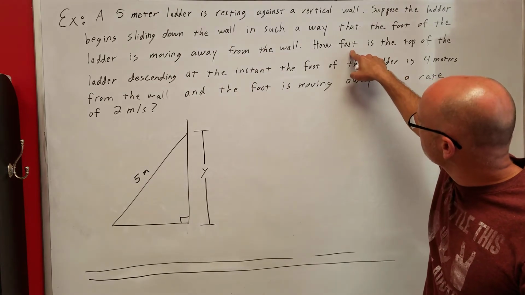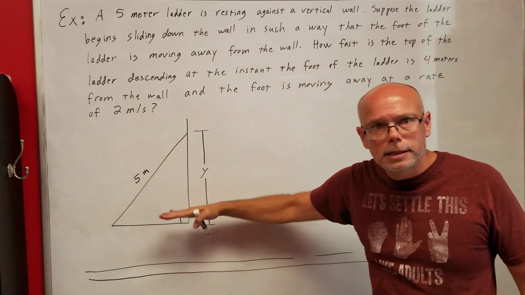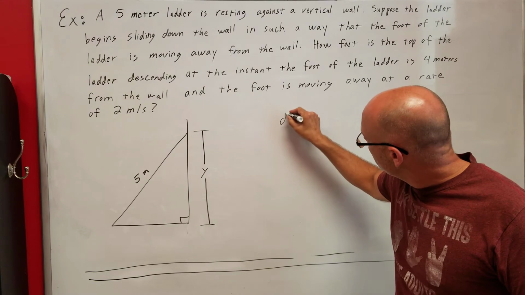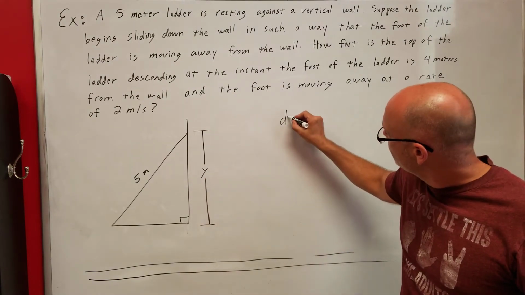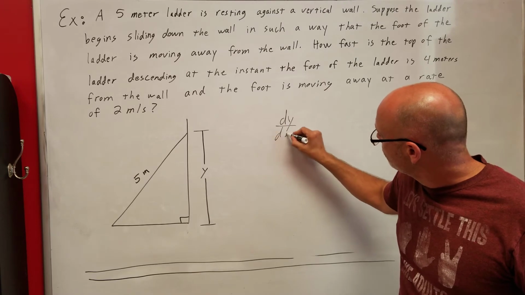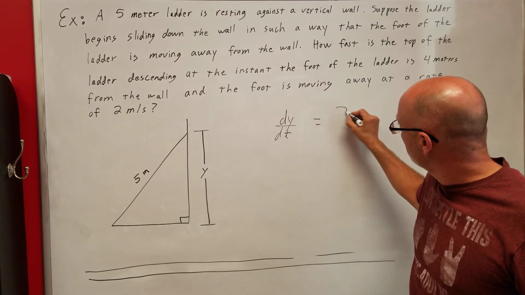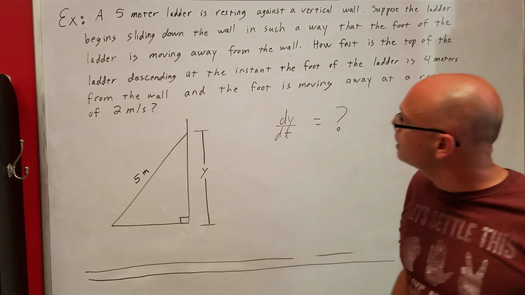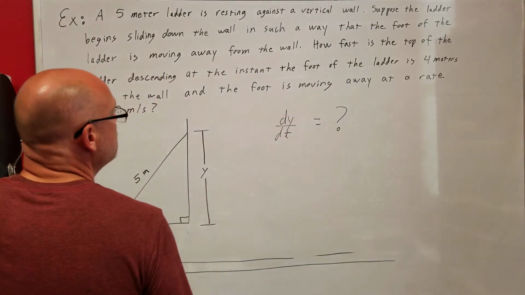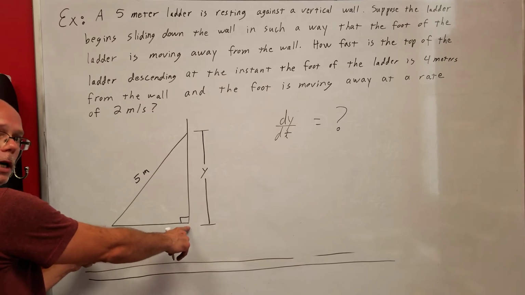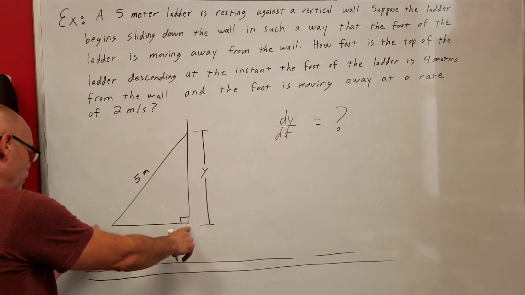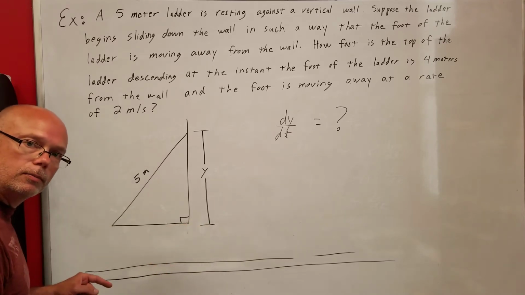So that would be the change in what? That's going to be this value here, the change in y with respect to t. They want to know what that value is, at the instant this foot right here is 4 meters away from that wall.